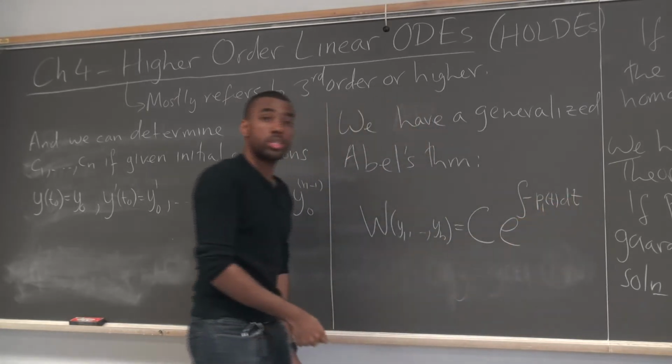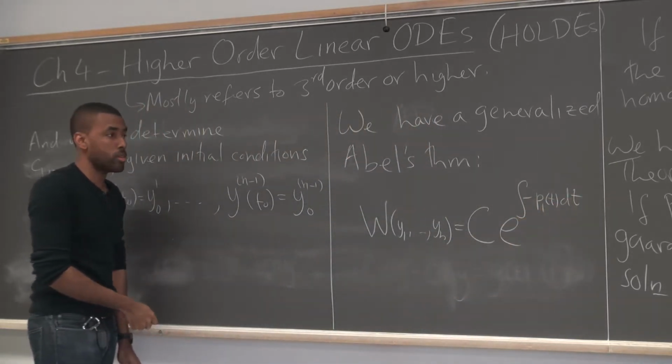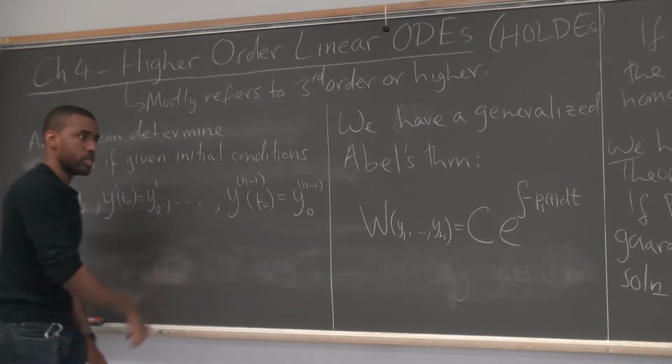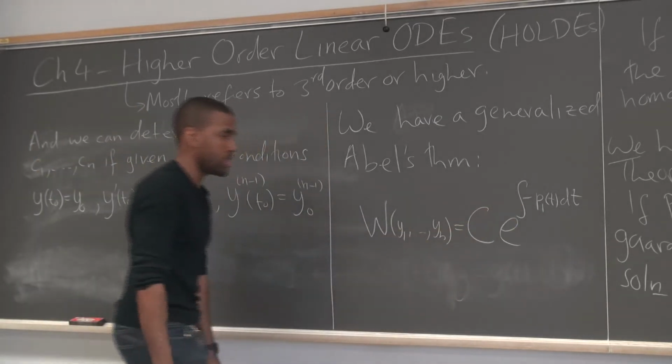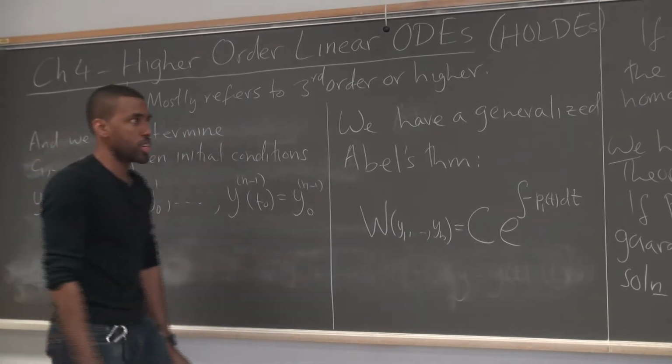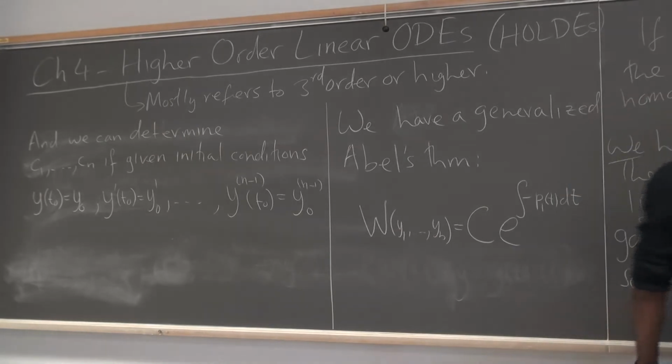Remember, p1 is the coefficient of the second to highest derivative. That's this guy. So Abel's theorem actually works in the nth order case, and that's how you find the Wronskian.